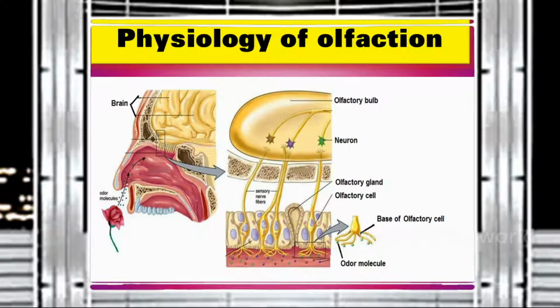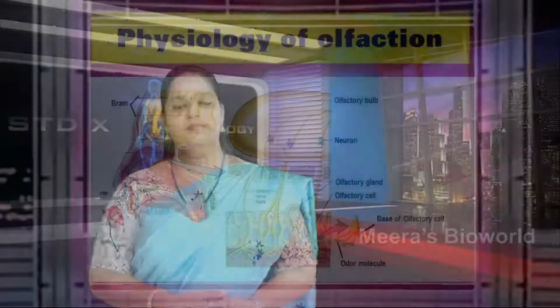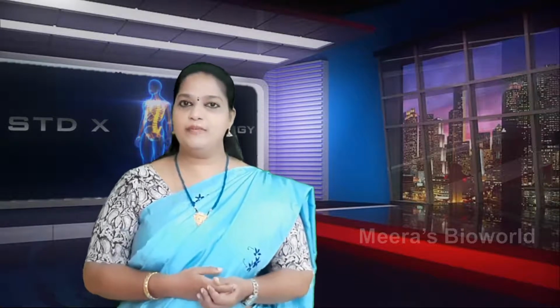Let's move to the physiology of olfaction. Wow, mesmerizing fragrance. Where is it from? Oh, these lovely flowers which produce this sweet smell. So let's study how we can perceive smell.